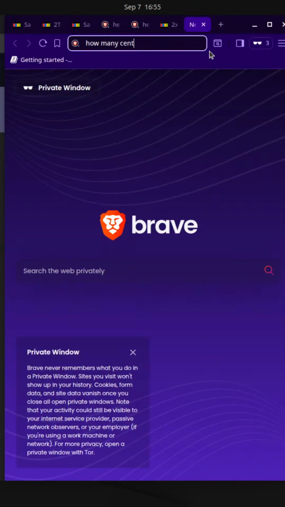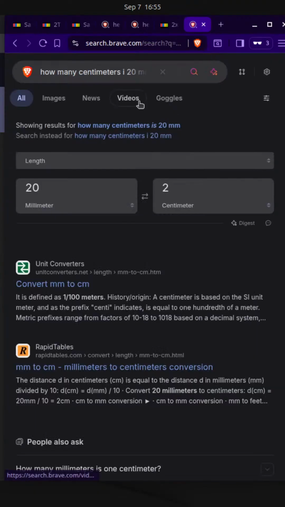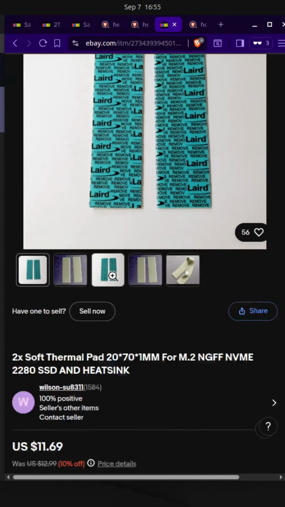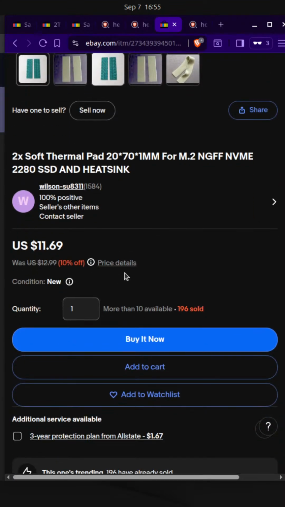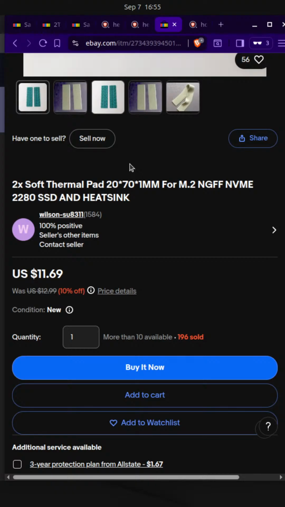How many centimeters is 20 millimeters? Yeah, it's 2 centimeters. This is super small. Oh, it's 20 by 70. Okay, 70 is 7. That's a little bigger. I thought mine was more like 10.